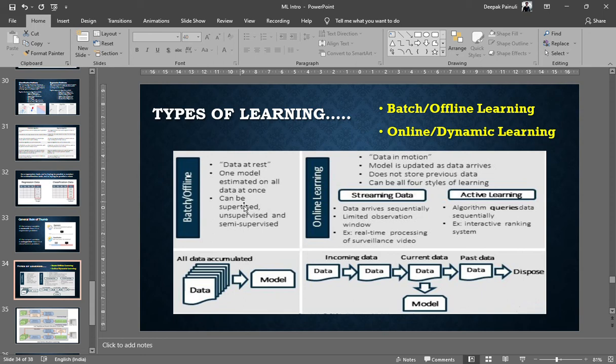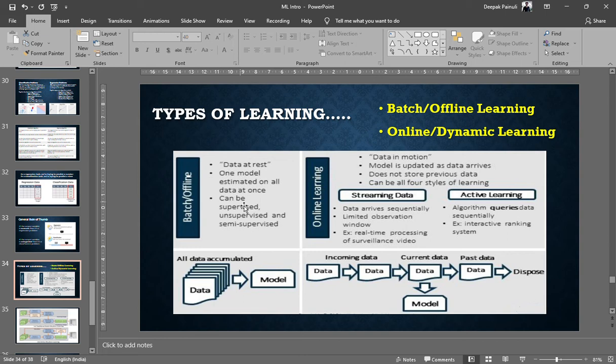Okay, so online learning is sometimes referred to as active learning. It is applicable in the case of streaming data, where data arrives sequentially, right? Only limited observations could be possible there. So on the basis of those observations only, your model should predict the correct or appropriate value for the given streamed data.